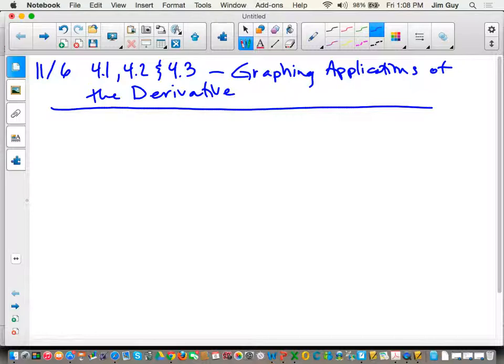So we have these 2 things they're called tests, but they're more procedures, I would say. The first derivative test and the second derivative test, which basically just saying all the stuff the first derivative can help you find on a graph, and we call that the first derivative test, and then all the stuff the second derivative can help you find on a graph, we're going to call that the second derivative test. Alright, so we're going to start with the first derivative test.